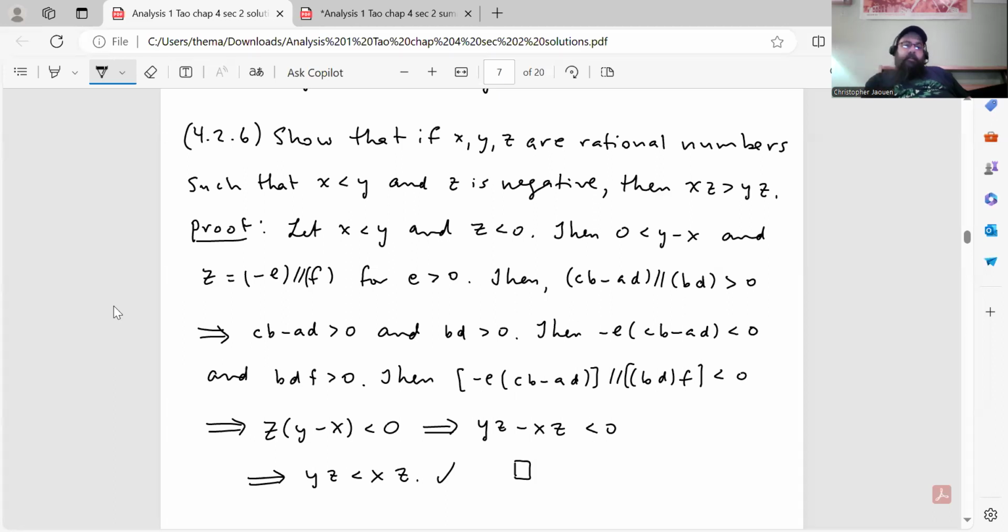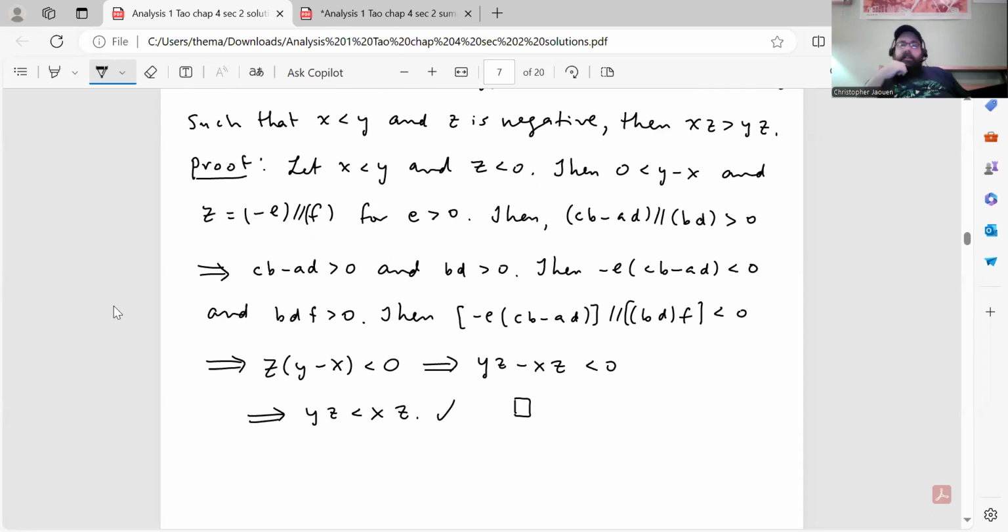So here's my proof. Let x < y and z < 0, then y minus x is positive and z equals negative e over f for some e positive, and by hypothesis, we're assuming f is positive as well. Then (cb minus ad) over bd greater than 0 implies cb minus ad greater than 0, and also bd greater than 0, because both b and d are positive.